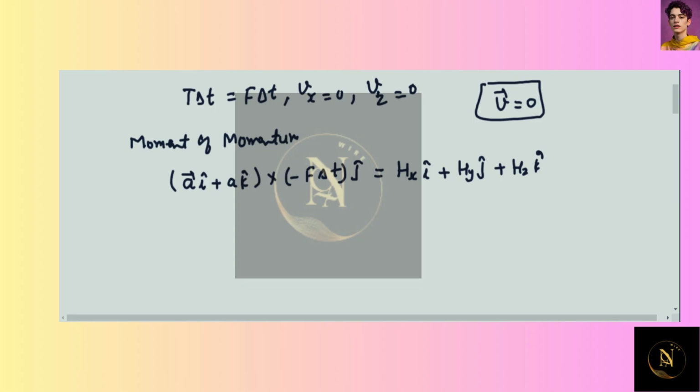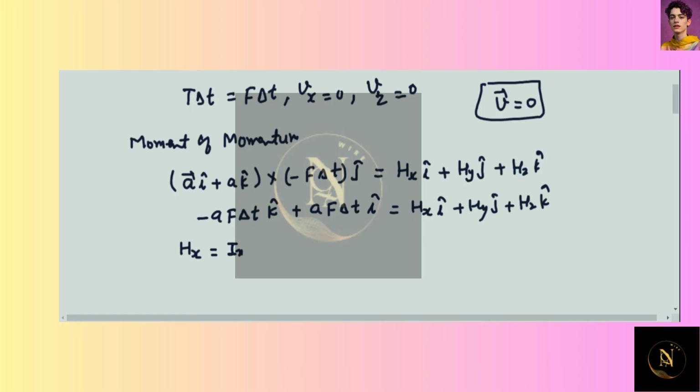So when you solve it, left hand side you will get minus A F delta T K cap and A F delta T I cap, angular momentum along x direction, along y direction, along z direction.